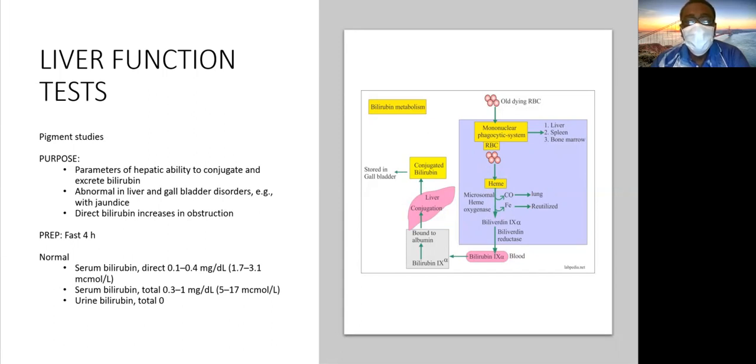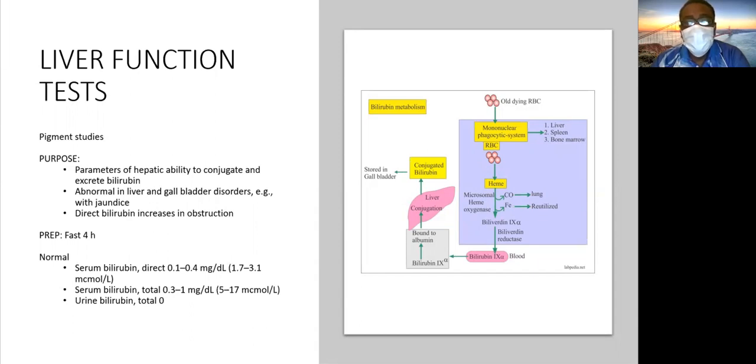So we want to look at the liver's ability to conjugate and excrete bilirubin. Usually, the levels are abnormal when you have issues in the liver and the gallbladder. For example, with jaundice, you will see direct bilirubin levels increasing when there is obstruction.